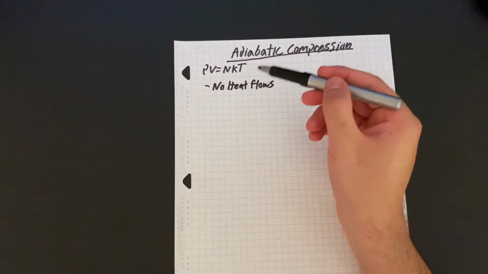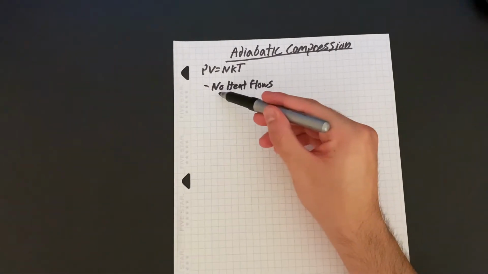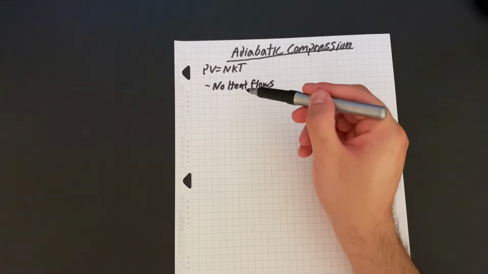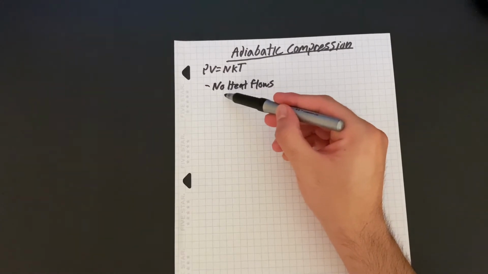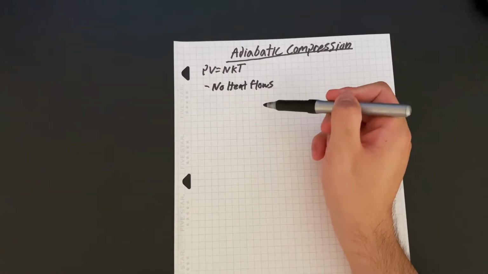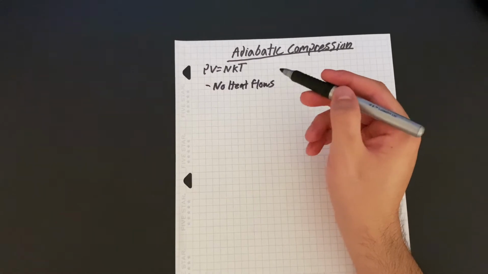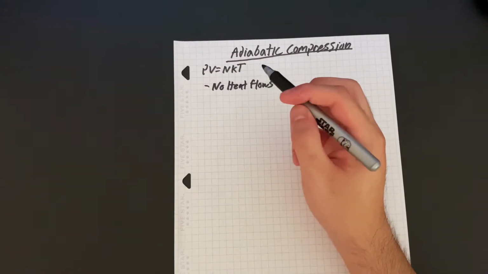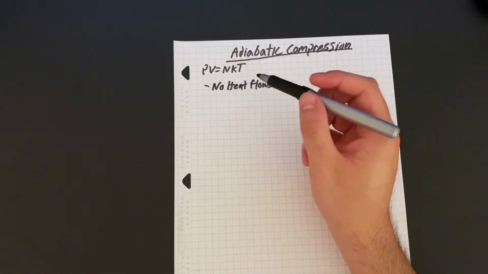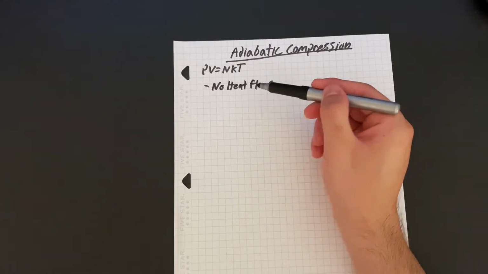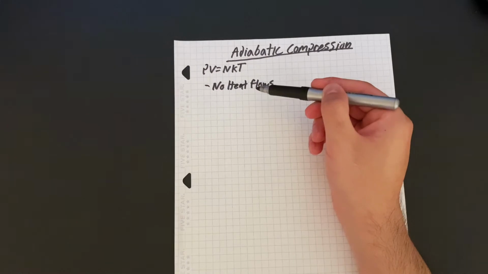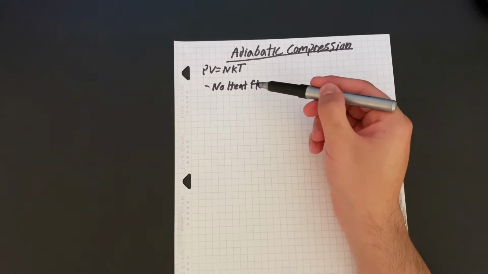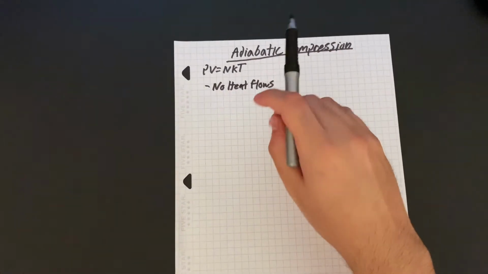Like how in the isothermal compression, the temperature did not change and we held that as constant, in this one we're going to have no heat flowing through this system. So it's the opposite of an isothermal basically, because in this one the temperature does change, and instead of a slow compression like the isothermal, it's a faster compression that we use.